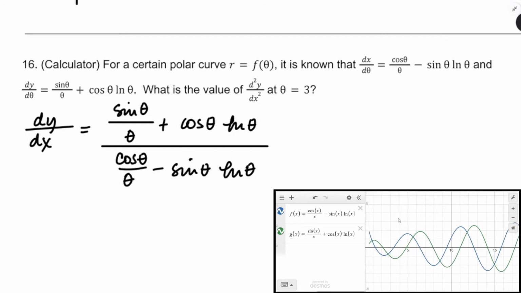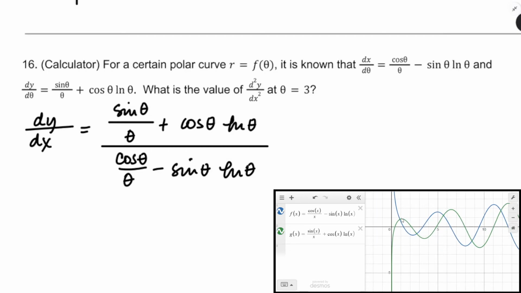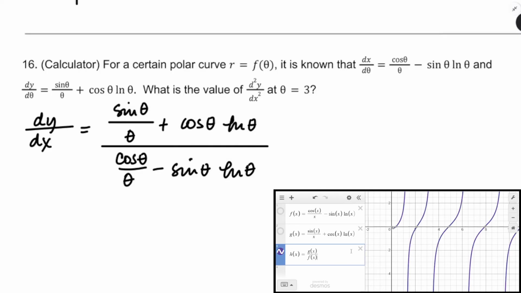Okay, that's definitely interesting. Interesting graphs. I'm just going to turn those off because they're not helping. h of x is going to be dy dx, so that's going to be y prime divided by x prime.